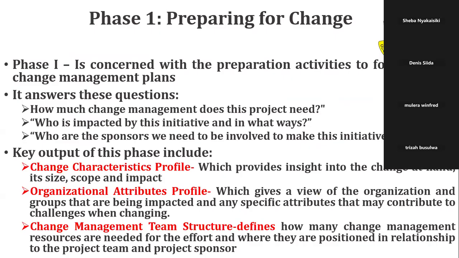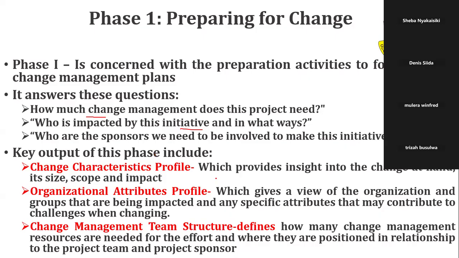So these slides are simply going through the change management in detail. Phase one is concerned with preparation, and you have some simple questions to prepare you for that: how much change management does this project need, who is impacted, who are the sponsors, and so on and so forth.